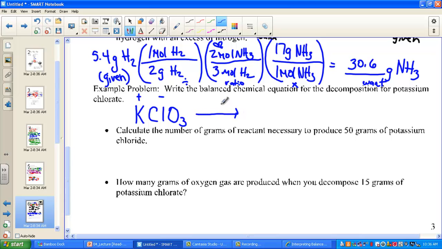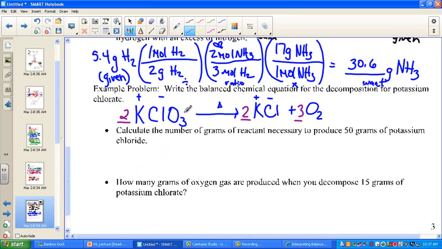When chlorates decompose, they release metal chlorides and oxygen gas. Elemental form of oxygen is molecular, O2. What about balancing this? 2 O's on the right with 3 on the left. I know I'm going to have to turn them both into 6's to get them to balance, making the KCl's balance with a 2 as well. So our stoichiometric ratio, 2 to 2 to 3.